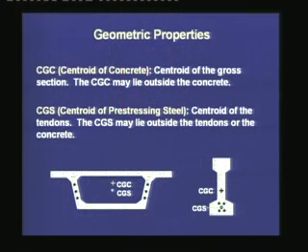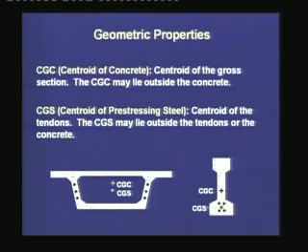Next, we are learning the definitions of the centroids. The first one is the CGC, the centroid of concrete, or you can say the center of gravity of concrete. The centroid of the gross section is defined as CGC.